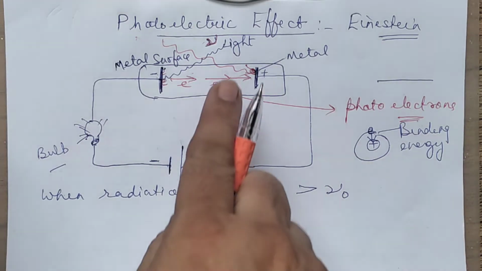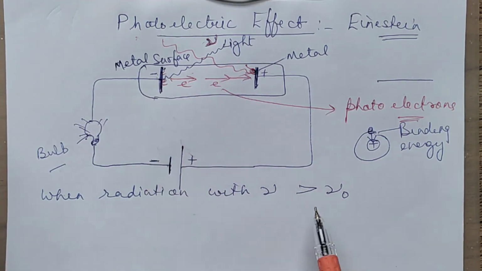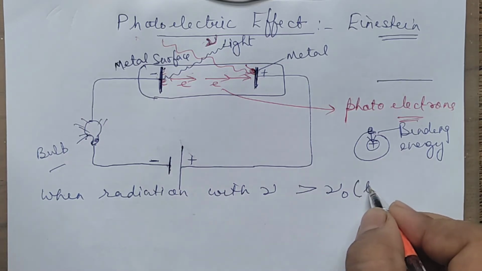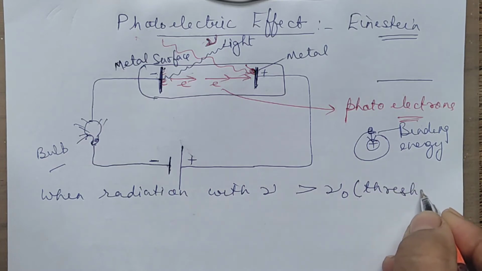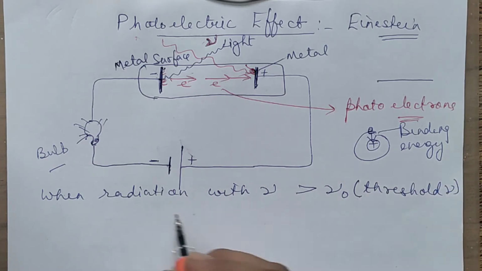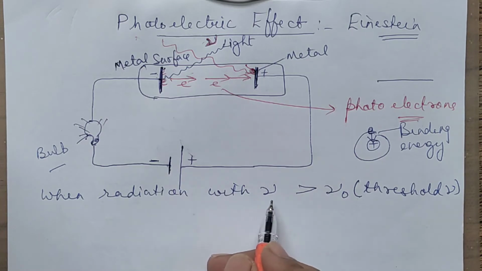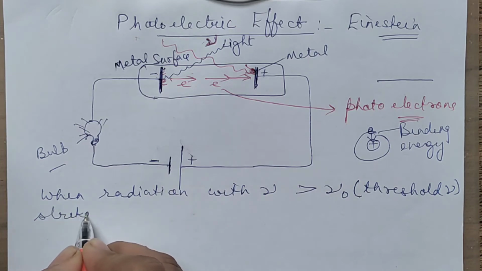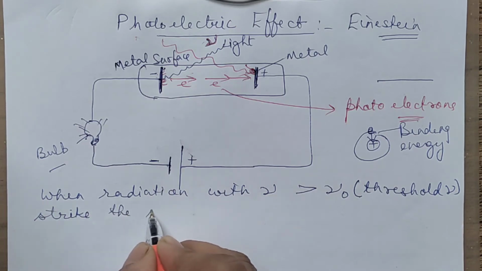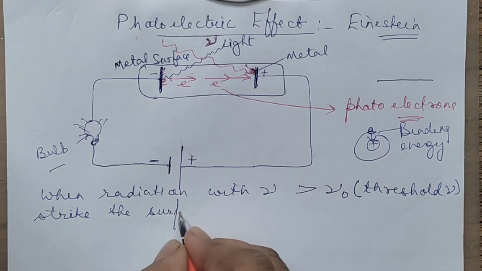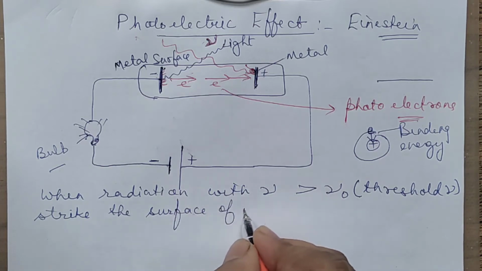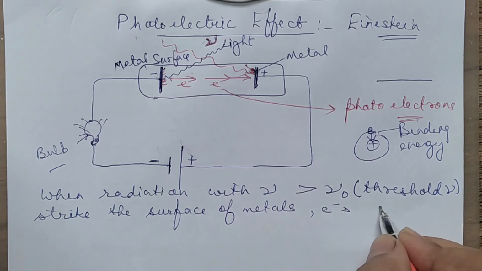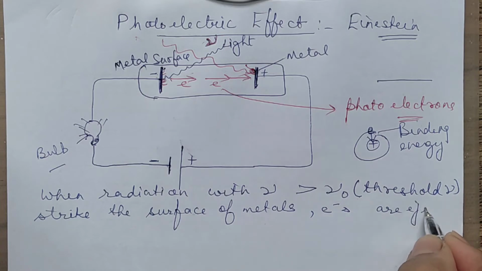So if the frequency of the light falling on the surface is greater than nu naught. Now what is this nu naught? Nu naught is referred to as the threshold frequency. So when radiation with frequency nu greater than nu naught strikes the surface of a metal, electrons are ejected.